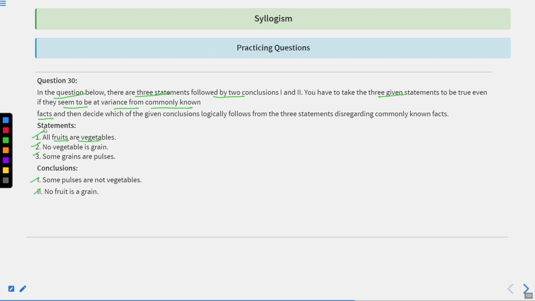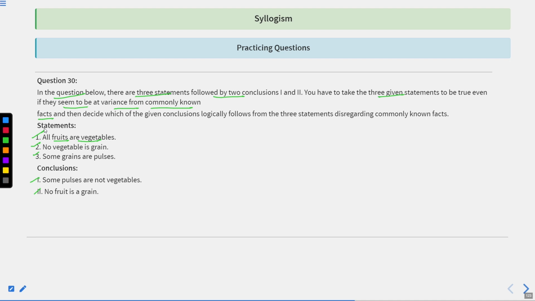After drawing the Venn diagram, we will analyze whether the solution that has been provided is correct or not. And after the solution has been dealt with, when we come to a conformity that the Venn diagram actually complements the statements, then we will figure out whether the conclusions are following from those Venn diagrams or not.